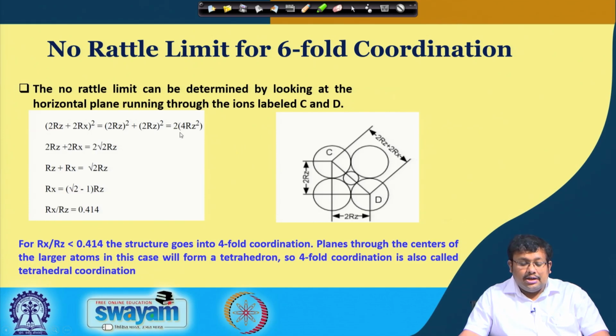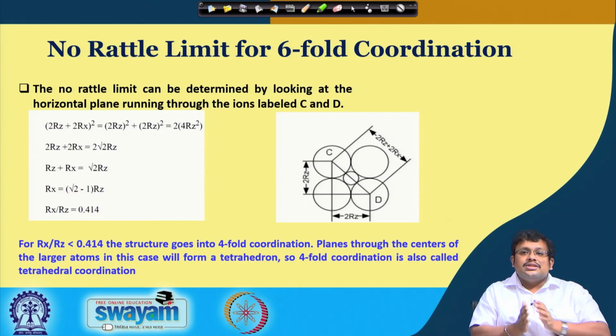So, basically we get 2 multiplied by 4 Rz squared. If we simplify this equation, we get a radius ratio of 0.414. That also shows the no rattle limit for 6-fold coordination.